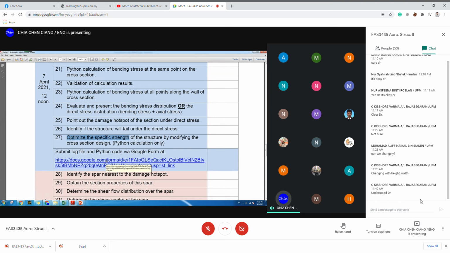The second direction is, in item 26, you find that the structure that you design will not fail. In fact, it's so relaxed, still far away from a failure point. In that case, the structure is too heavy, right? So you need to reduce the material until it is almost failed.